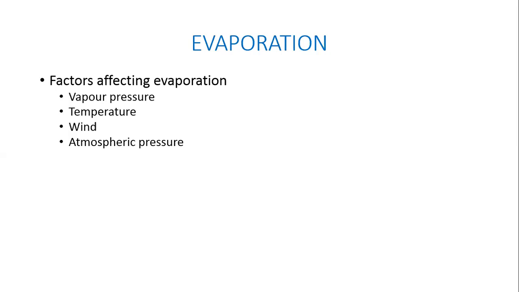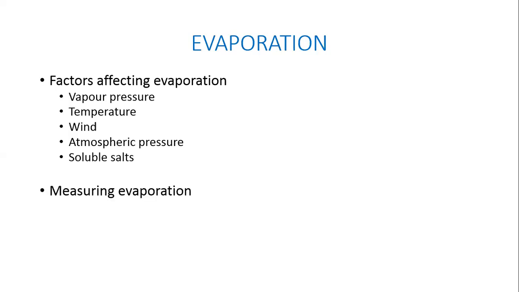At mean sea level, water boils at 100 degrees Celsius. When you go up in the atmosphere, boiling happens at a lower temperature. So if boiling happens at a lower temperature, then evaporation must also be happening at a faster rate, right, as you go up in altitude. And then soluble salts. I think somebody mentioned this. Okay, good. So these are some of the factors that affect evaporation.